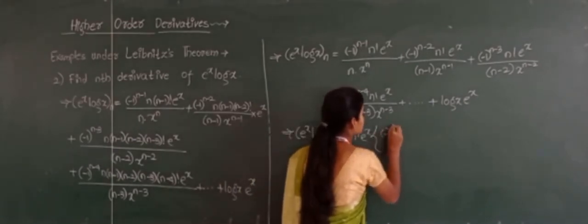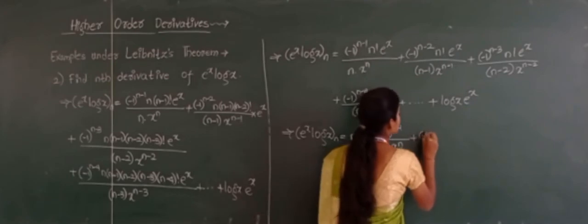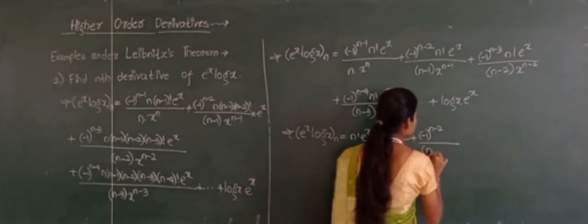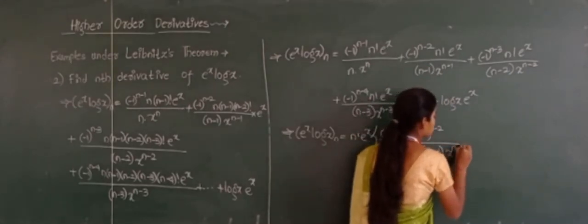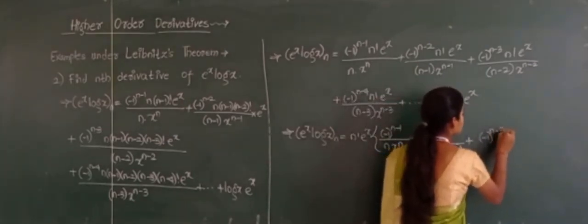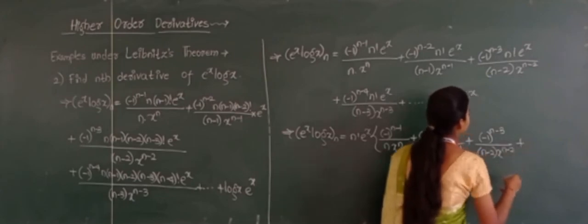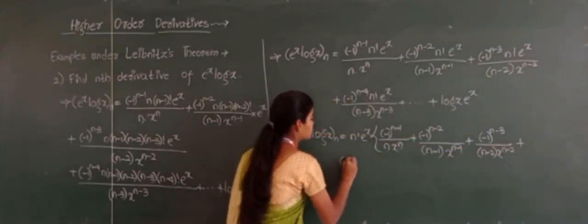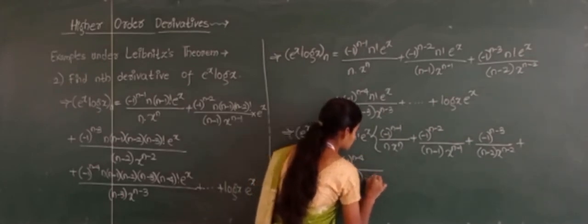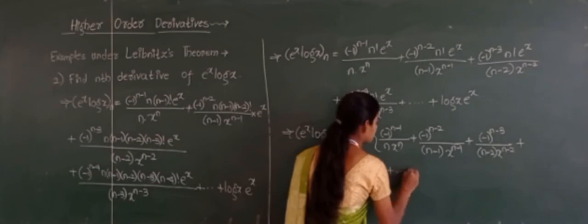Remaining terms is minus 1 raised to n minus 1 divided by n into x raised to n, plus minus 1 raised to n minus 2, with n factorial e raised to x taken outside, remaining term is n minus 1 into x raised to n minus 1 in the denominator, plus next term becomes minus 1 raised to n minus 3 divided by n minus 2 into x raised to n minus 2, plus minus 1 raised to n minus 4 divided by n minus 3 into x raised to n minus 3, plus and so on, plus.